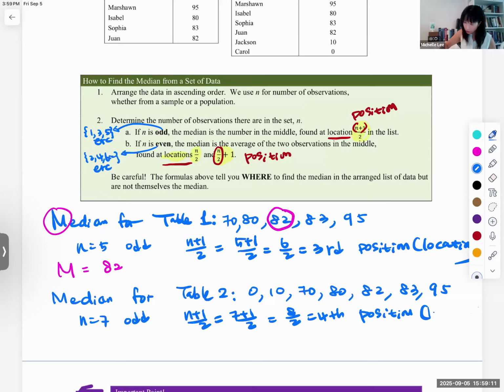Let me write down the locations: 1, 2, 3, 4. So that is the fourth. So M equal to 80.